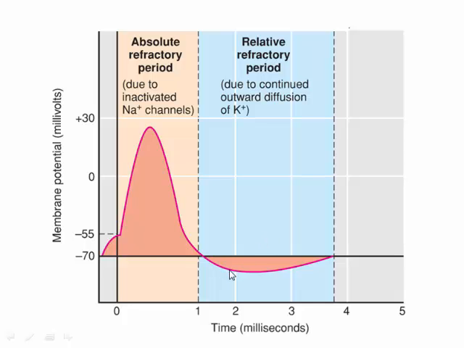So if you had to have a really fast signal to the brain, a really strong stimulus, you could go to minus 55, and that would make a really fast frequency of action potentials. So going down here, usually you wait till it's minus 70, and then boom, you can make another action potential. All right, so this is called the relative refractory period because you can reach minus 55, but here in the absolute refractory period, you absolutely cannot do it.